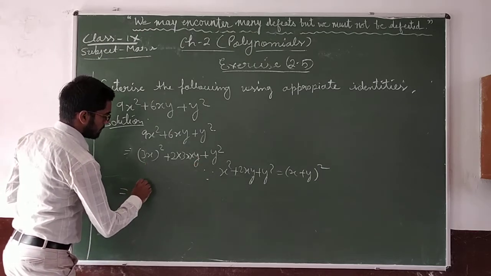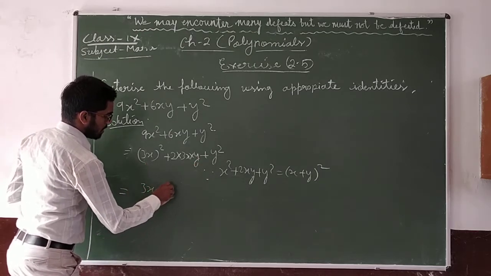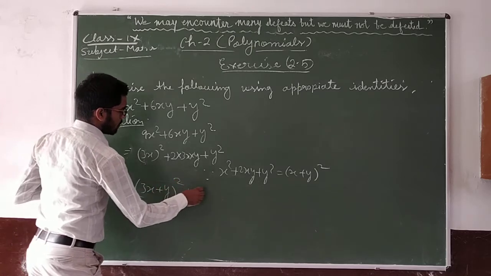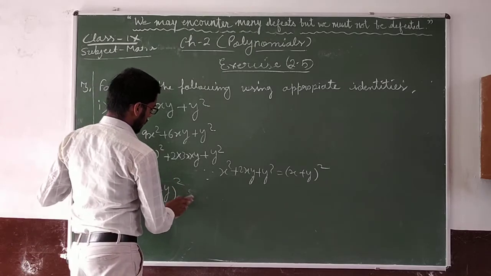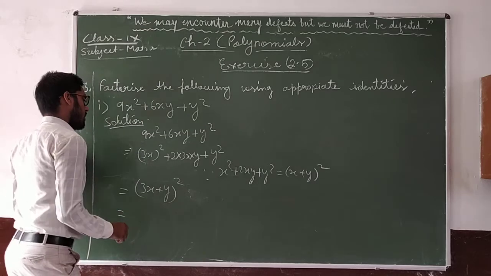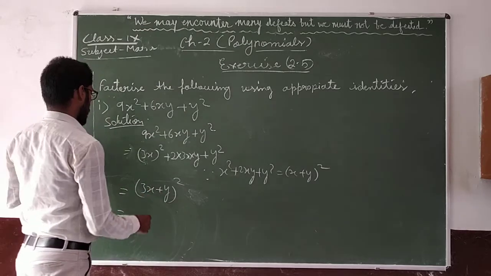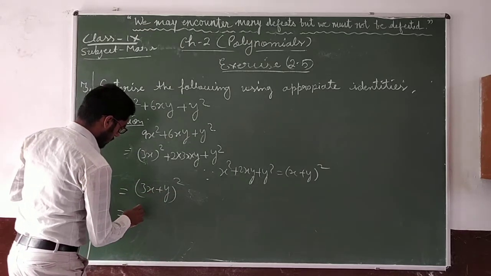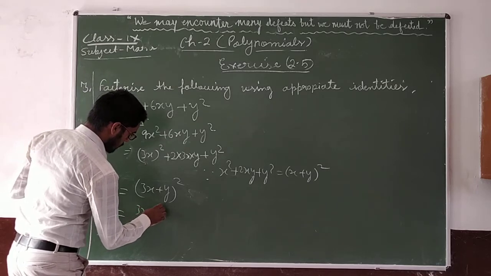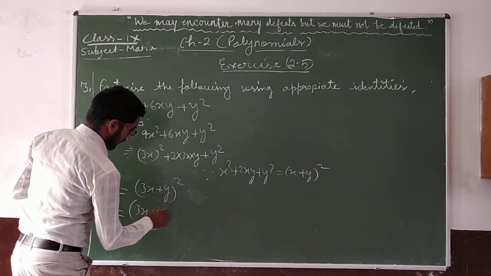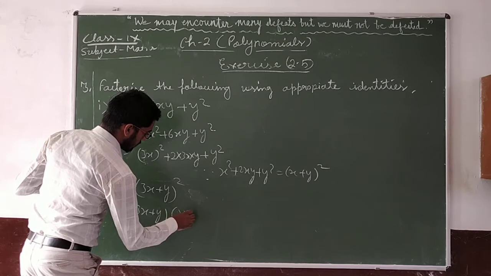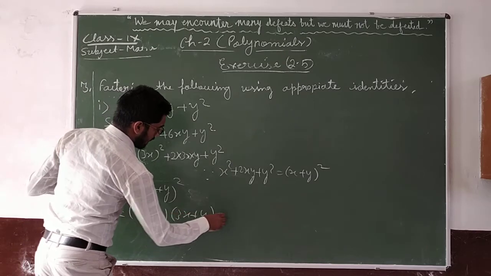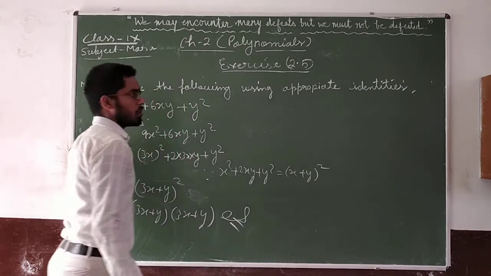You can write 3x plus y to the whole square. But you are finding factors, so not in the power. You can write 3x plus y and 3x plus y, 2 times. Okay, that is your answer.